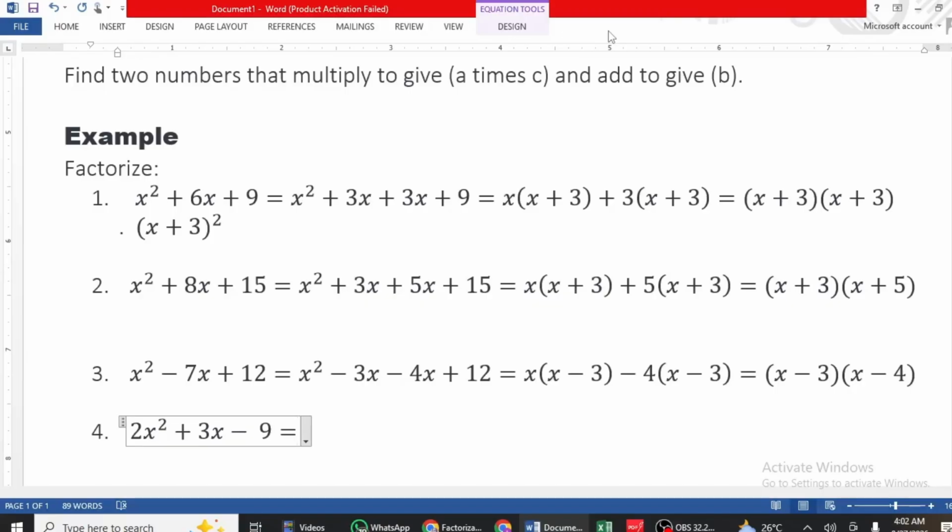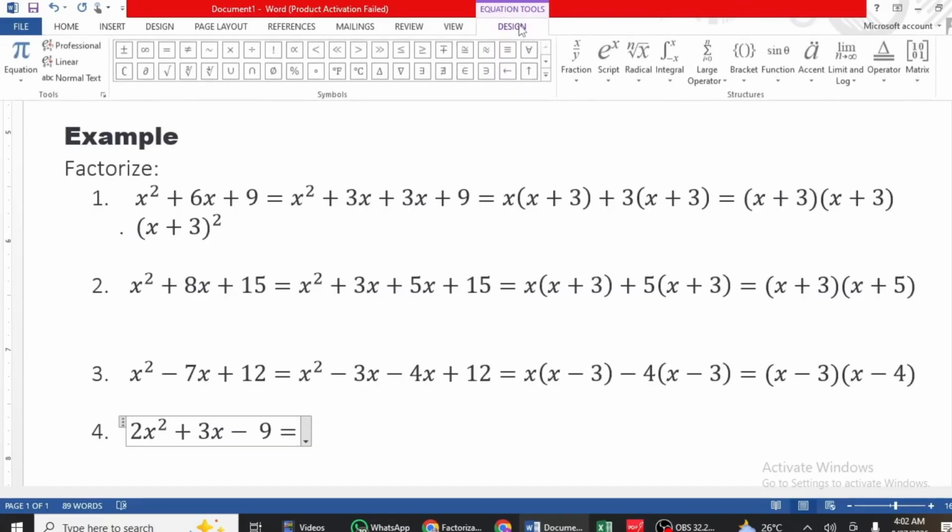The two numbers are 6 and 3. And to get plus 3, when you add the two numbers together, it will now be 6 and -3, because when you add 6 and -3 together, you will get plus 3.